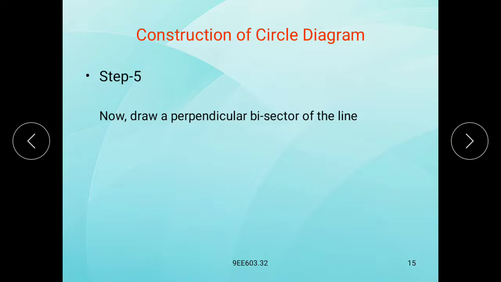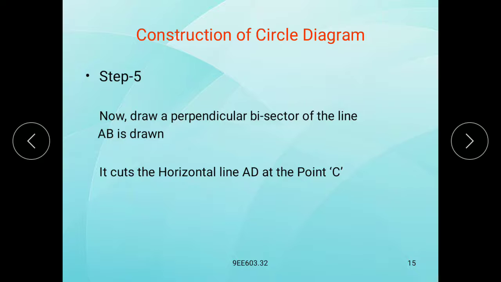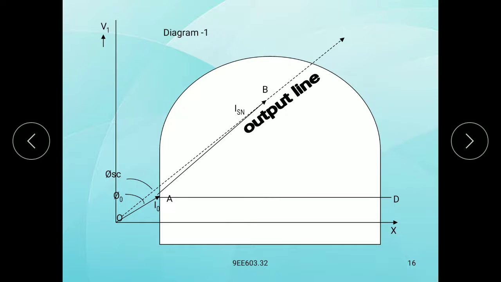Step 5. Now draw the perpendicular bisector of the line AB. It cuts the horizontal line AD at the point C. Therefore, point C is the center of the circle.